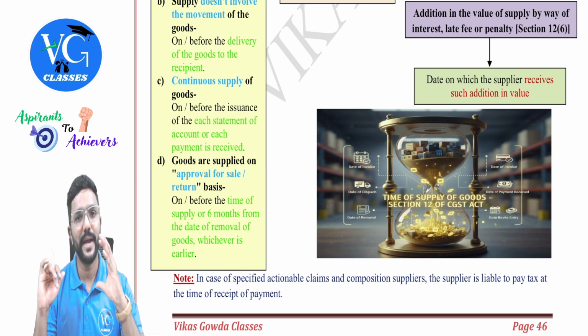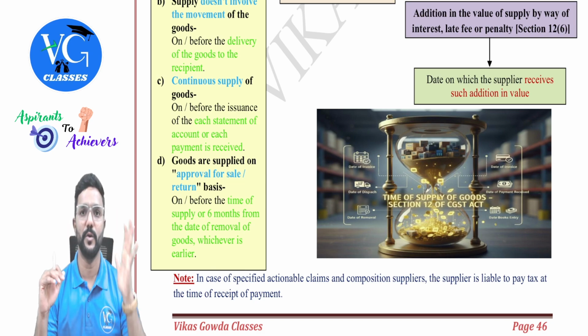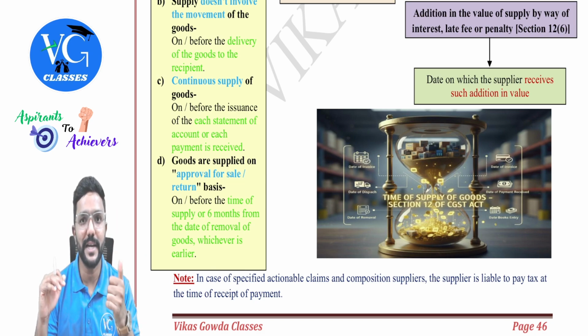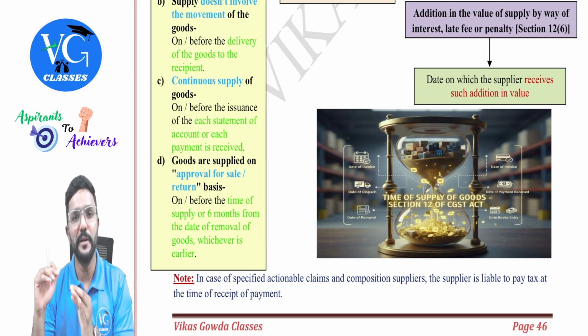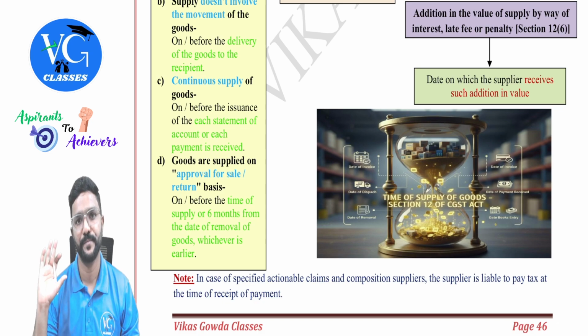Or else, assume I have given 1 month time for you to accept or return back the goods. Even after 1 month, you are still holding the goods. That means you have neither accepted nor rejected nor returned back. So at the end of 1 month, that is the time which I have given to you, if you have not told anything, it is considered to be a sale for me.